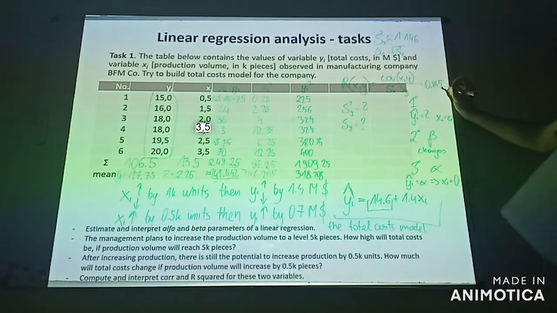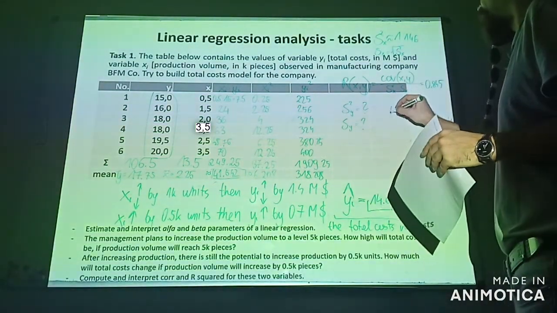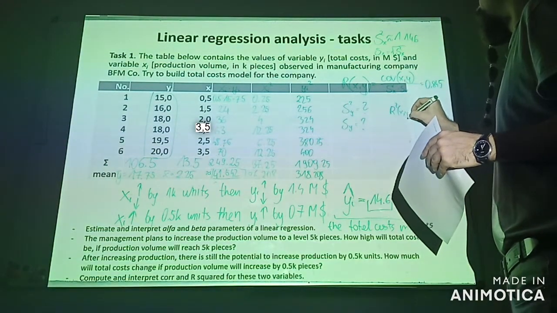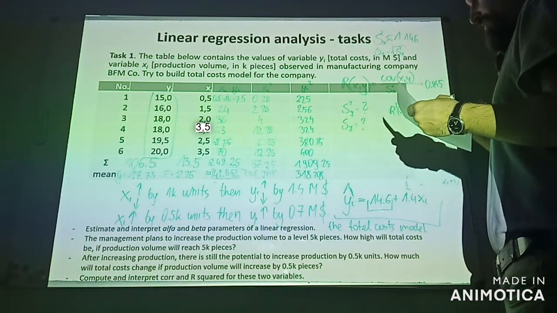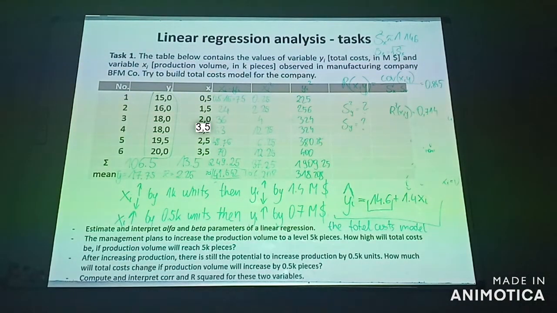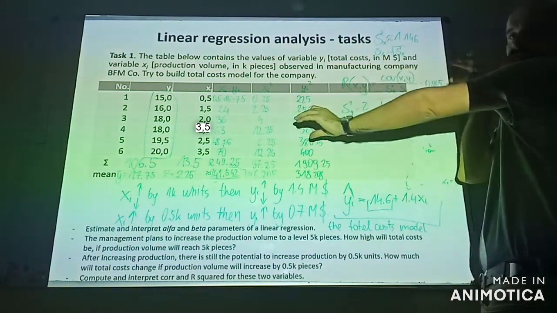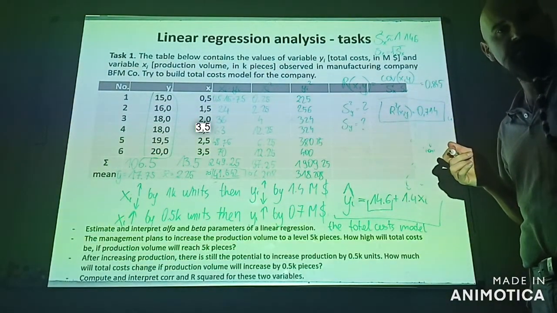And how about the R² coefficient here? The R² coefficient is equal to 0.714. It's a very important coefficient here, because it determines the degree of the fit, of the match of the model to the empirical data.